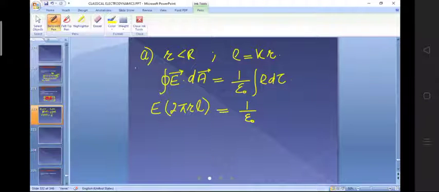Now what will we write instead of this rho, beta? That is equal to K multiplied by r. So K is a constant, pull it out. Then d tau is the volume element in cylindrical coordinates.